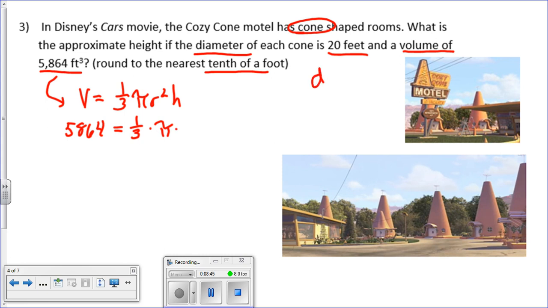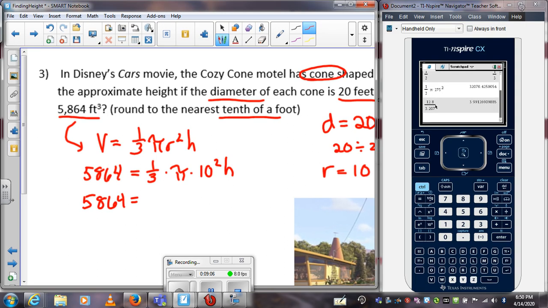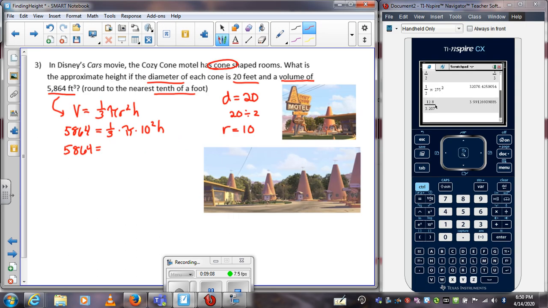Now diameter is 20. I'm going to take that 20 and divide that by 2, which means my radius is 10. So 10 squared h. So 5,864 is equal to, so I'm going to go back to my graphing calculator here, and I'm going to type in 1 divided by 3.